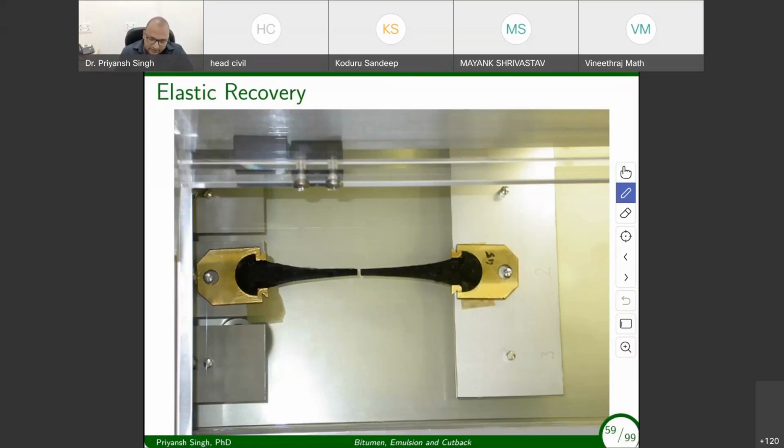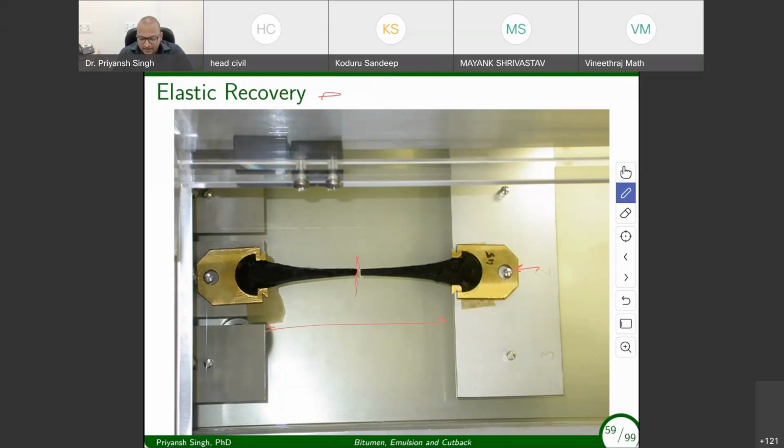One more test is the elastic recovery test, similar to the equipment we have seen in the case of the ductility test. Here a specified bracket is used to put the sample, and then the sample will be loaded inside the ductility machine and spread 10 centimeters apart, and then this sample will be cut in two pieces.